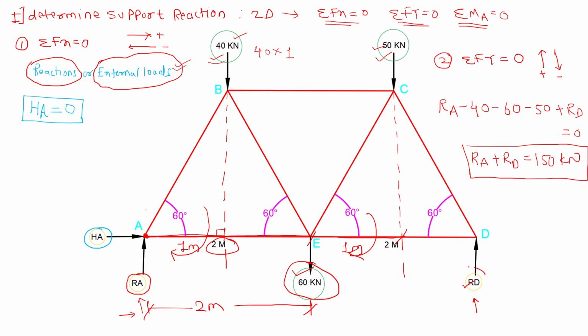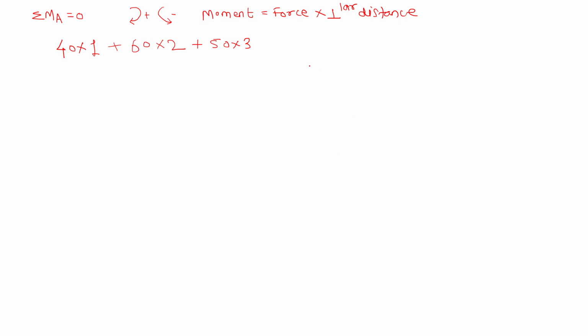Now at RD there is an external reaction. So this total distance is 4 meter up to RD, and RD is making anti-clockwise movement about point A. Okay, so minus 4 RD is equal to 0, and we have to solve this.